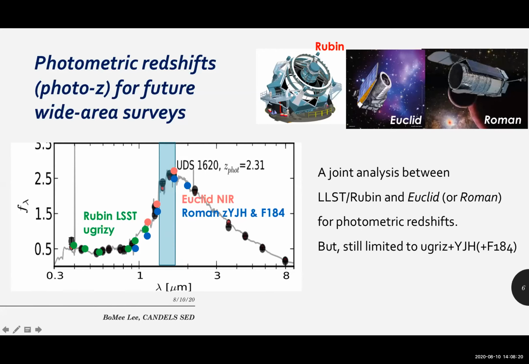So for this galaxy at redshift 2.3, the 4,000 Angstrom Balmer break is located between J and H band, which can be obtained from Euclid or Roman. Only with LSST bands, the redshift estimate might go wrong, especially at redshift greater than 2. Also, Euclid and Roman should rely on deep seeing-limited ground-based optical bands from LSST or other ground-based surveys.